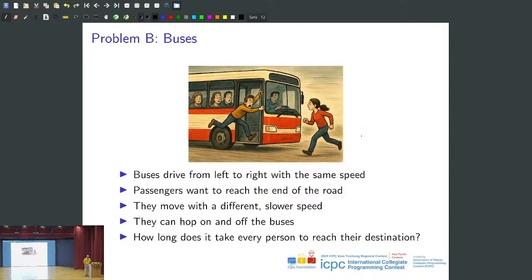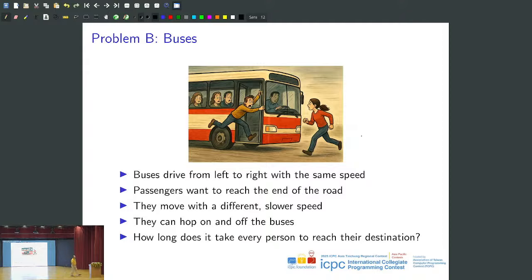Now this is getting harder. This problem with the buses: you have buses and you basically want to go in one direction. So all buses go to the right, and the pedestrians waiting at some places want just to get to the end of the street.